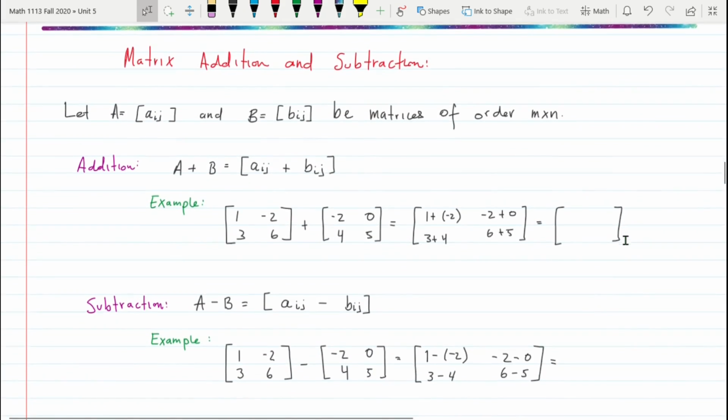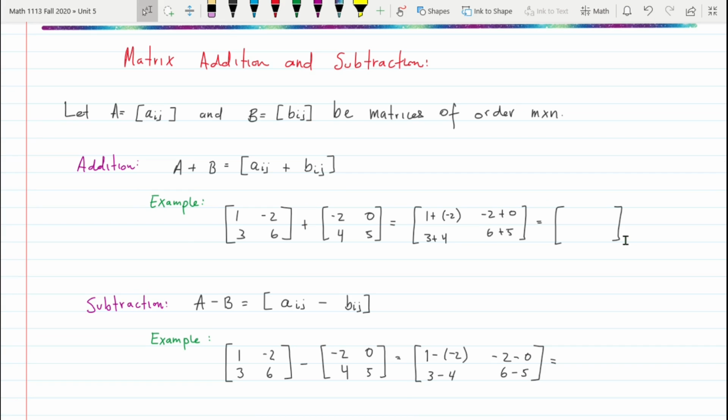Okay, so now let's talk about the real thing, which is operations using matrices. As it sounds, we only have a couple operations in math, which is adding, subtracting, multiplying, and dividing.